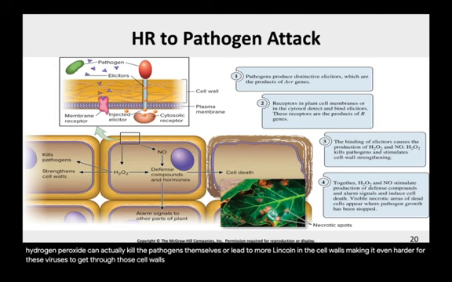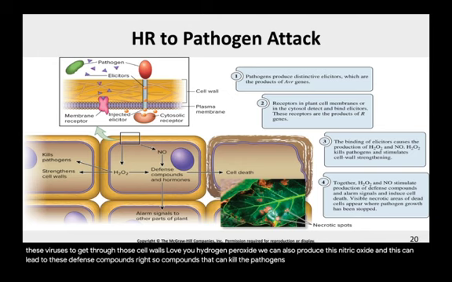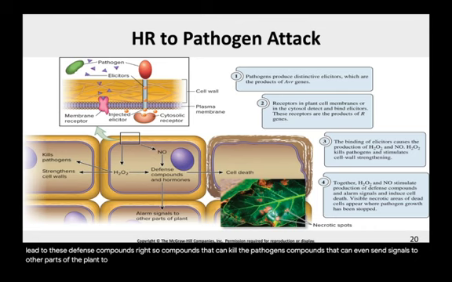So that would be hydrogen peroxide. But we can also produce nitric oxide, and this can lead to defense compounds: compounds that can kill the pathogens, and compounds that can even send signals to other parts of the plant to alert other cells that there's a virus invading my tissues and I need to respond. But it can also lead to cell death.